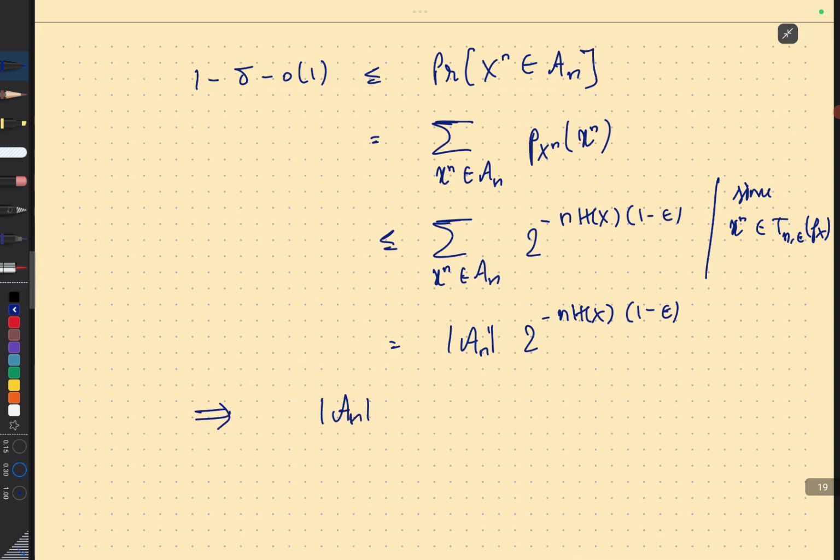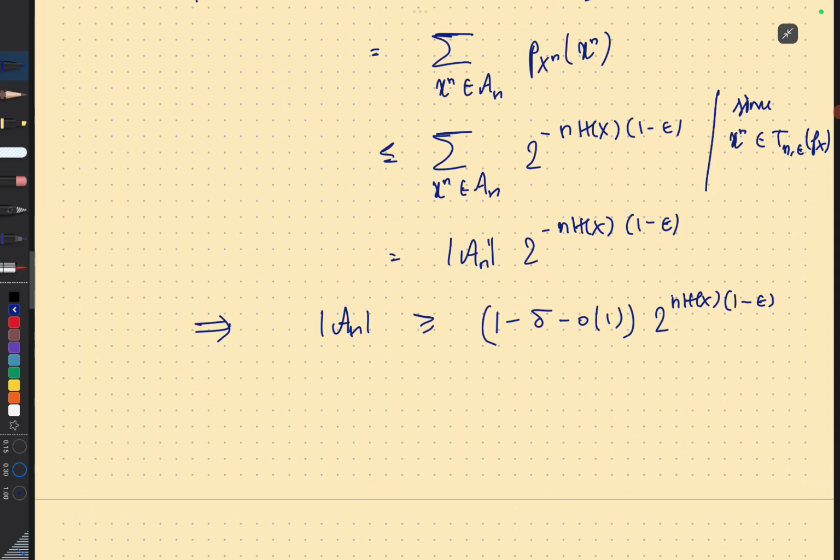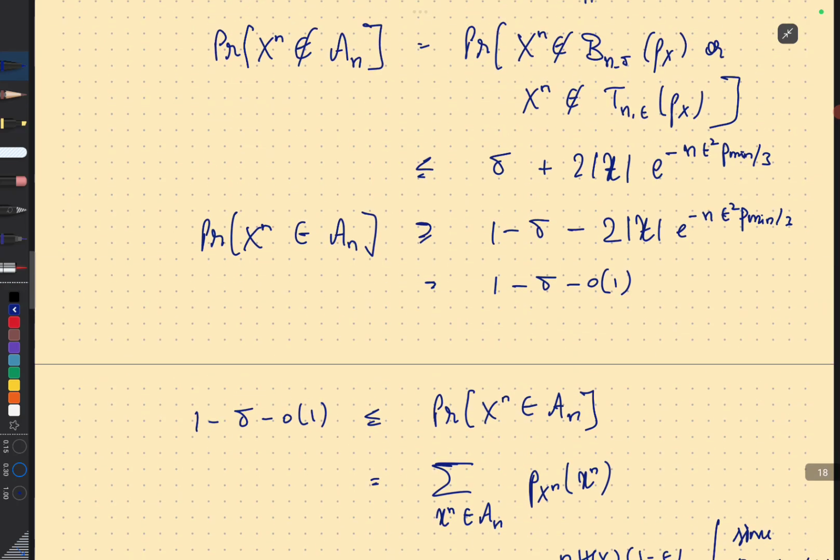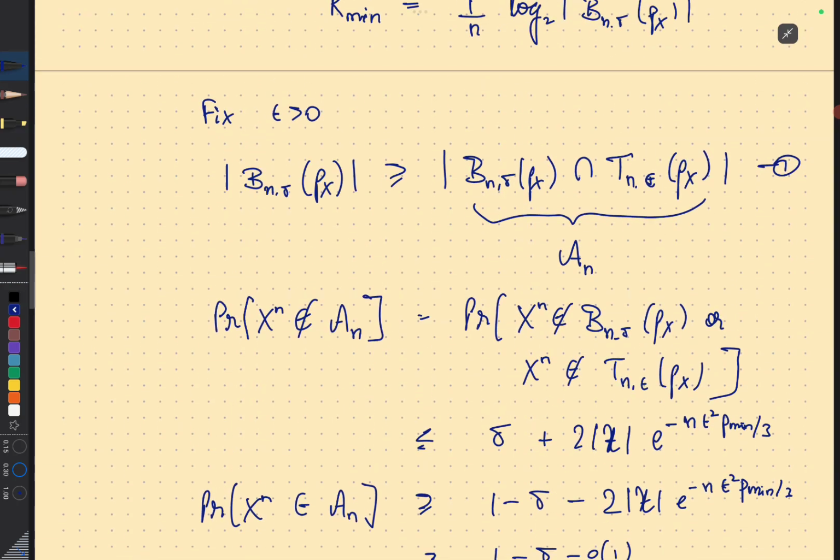So the size of A_n is at least (1 minus delta minus little o of 1) times 2 to the n times the entropy times (1 minus epsilon). But we've also seen from this particular equation over here that the size of B_δ is at least the size of A_n.